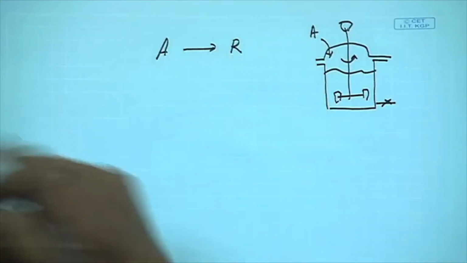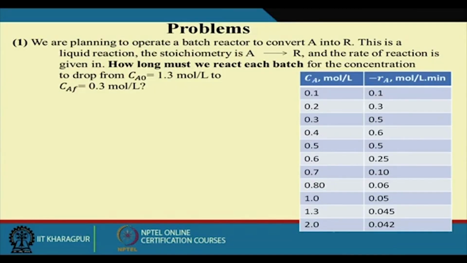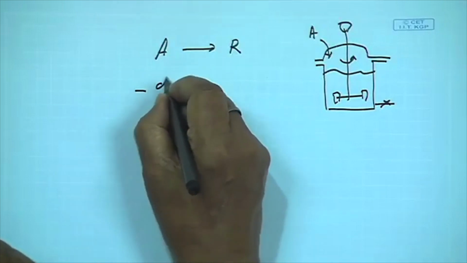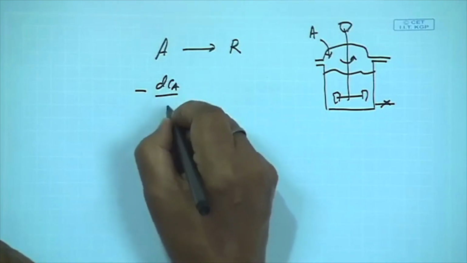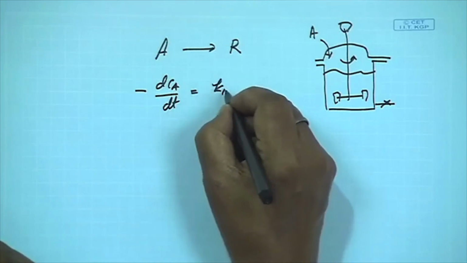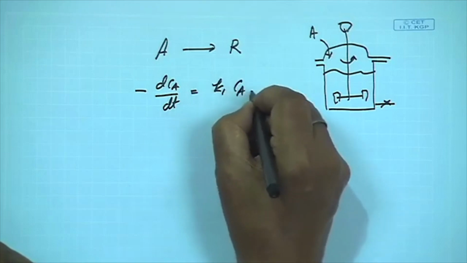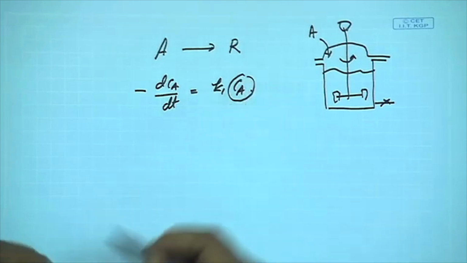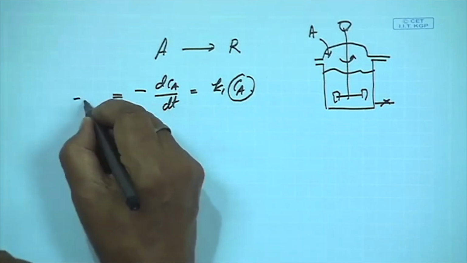Here they have determined, at different substrate concentrations, what the rate of the reaction is, because the rate of reaction, dCA by dt, is equal to K1 into CA, which is equal to minus Ra.